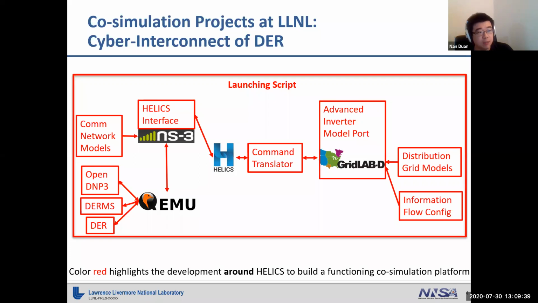For the power grid side, we are using this open source simulator called GridLabD. And for the communication network, we're using this very well-known simulator called Network Simulator 3. And between them, we are using this grid modernization funded software, open source as well, called Helix, to pass the information between these 2 simulators.